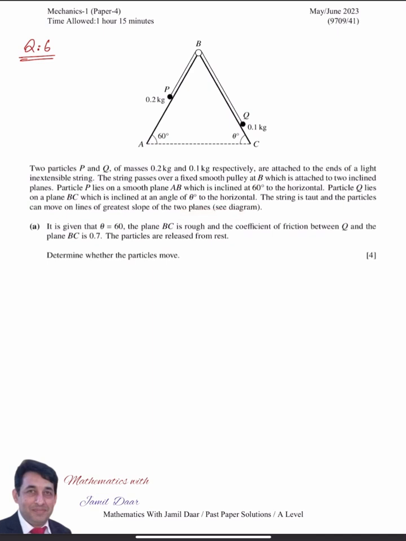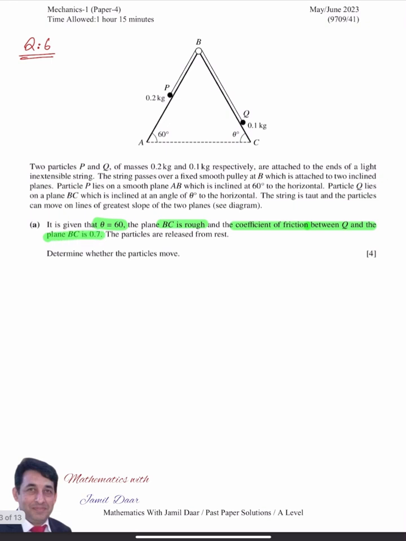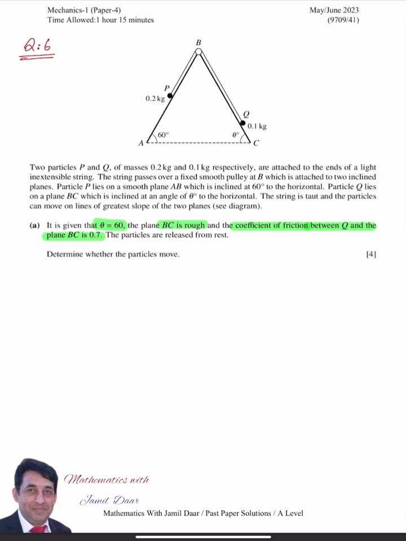See the diagram. It is given that theta is equal to 60. This angle is 60 degrees, and BC is rough, and the coefficient of friction between Q and the plane BC is 0.7. The particles are released from rest.